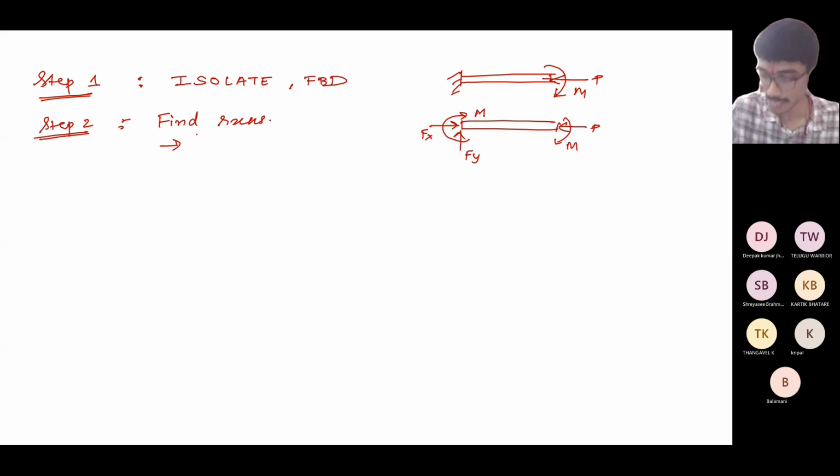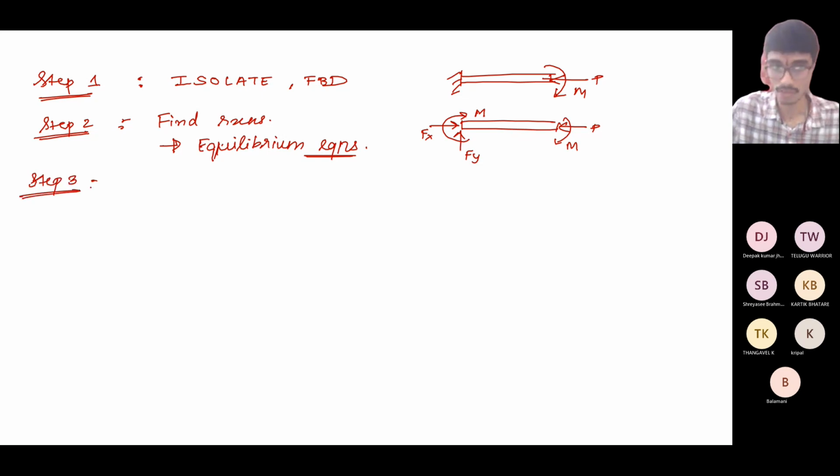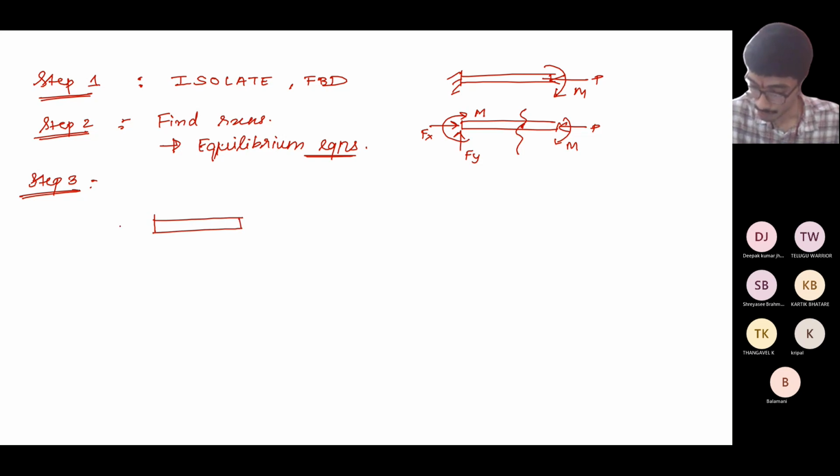For statically determinate structures, you can find the reactions by equilibrium alone. I just showed how to do it. The third step: if you want to get the internal forces at a point, say at this section, make an imaginary cut at this point and draw either of the two parts, either this or this.